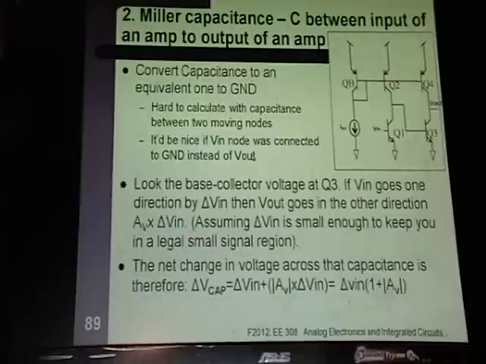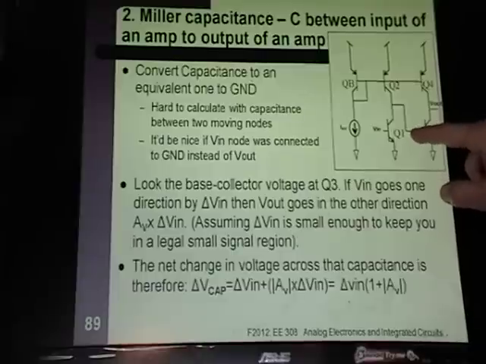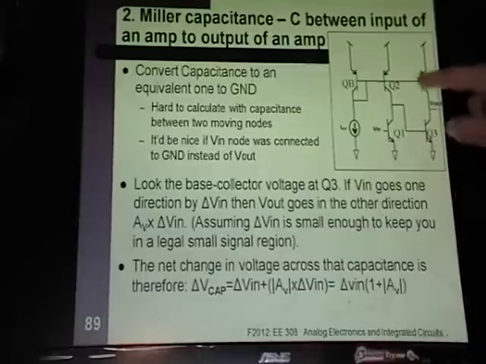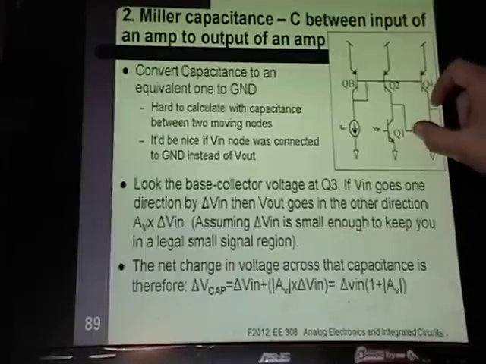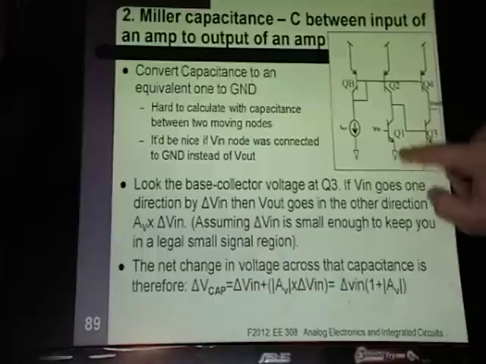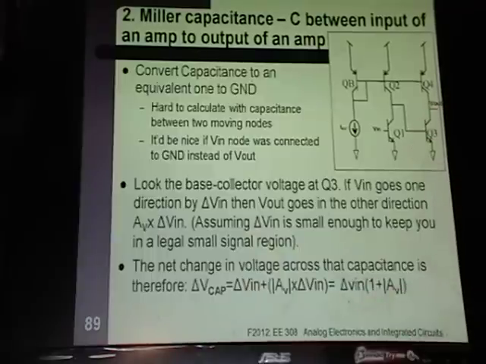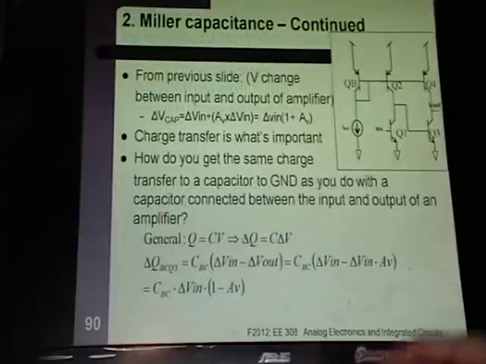Okay, Miller capacitance. We did this in class, so I'm going to skip through the math and just go to the result. If you're sitting at the input of an amplifier, so here's an amplifier, here's a common emitter, and there's a capacitance from the input to the output, then what I can do is take that capacitor, remove it from the diagram, put it to ground, and use a new value of the capacitance.